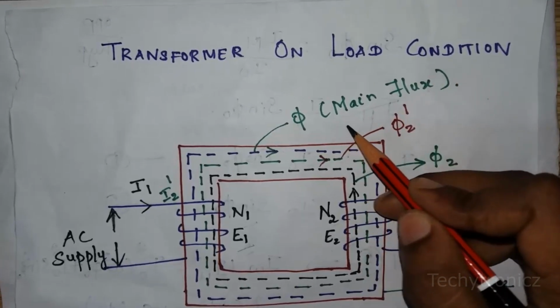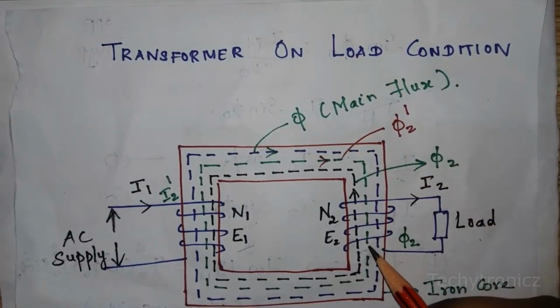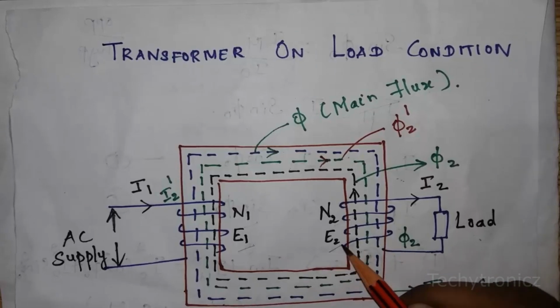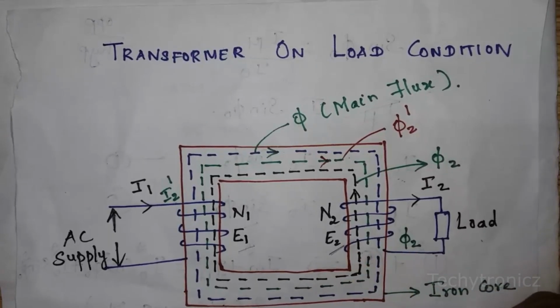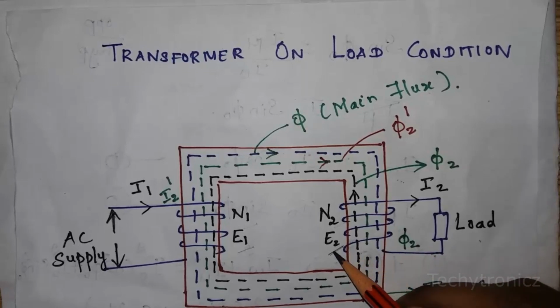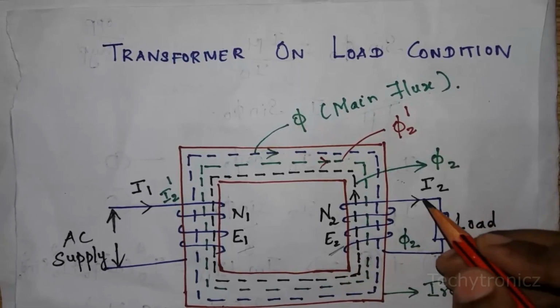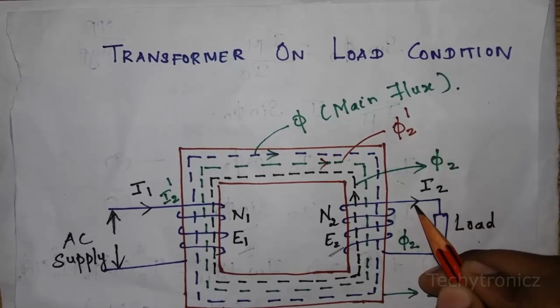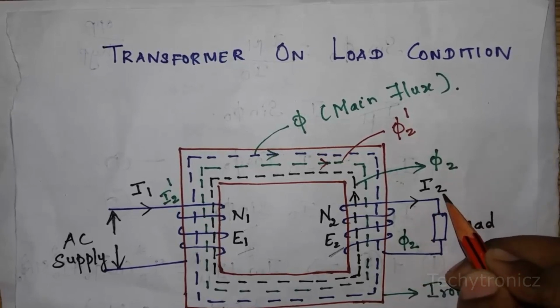This main flux cuts through the secondary winding. When it cuts the secondary winding, the induced EMF E2 is produced. When the induced EMF E2 is produced, a current flows through the secondary winding, that is I2.